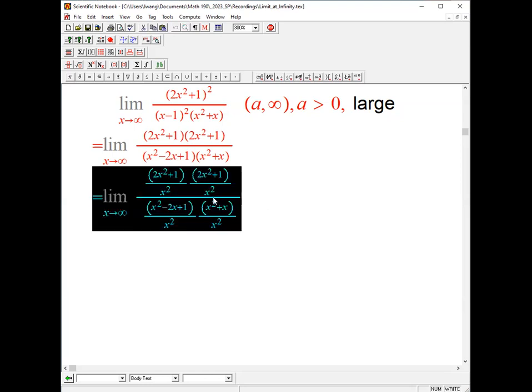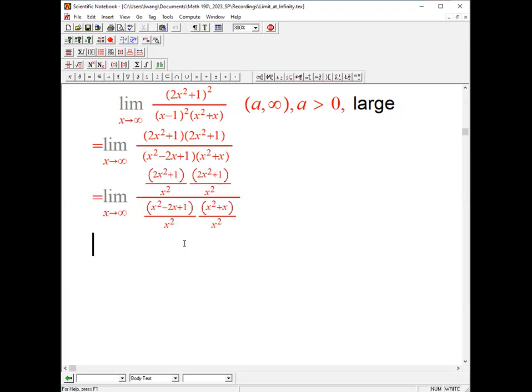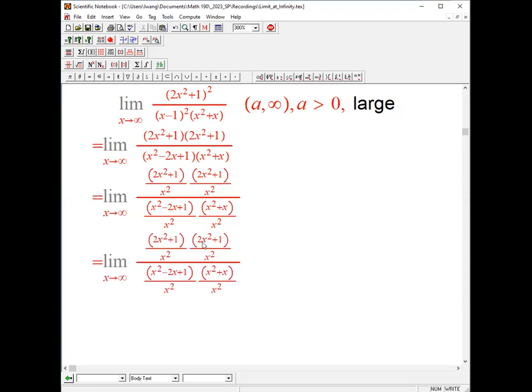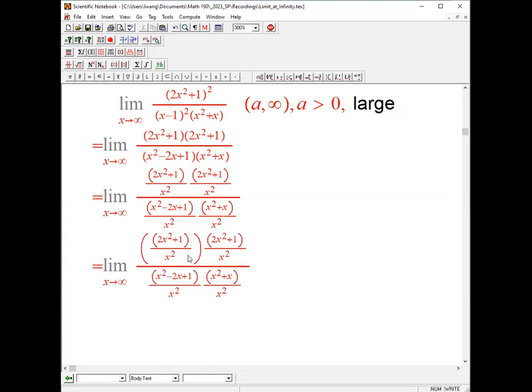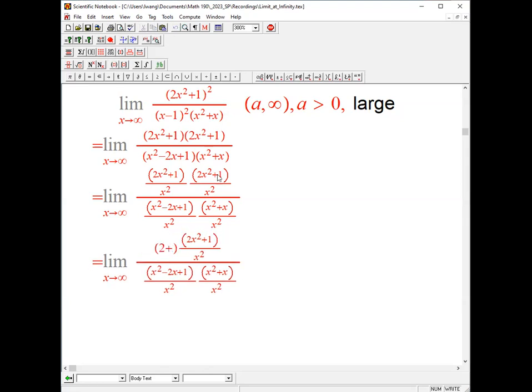So I did not violate anything. And now this x squared is divided into each of these. So in this piece, I will get 2 plus 1 over x squared.